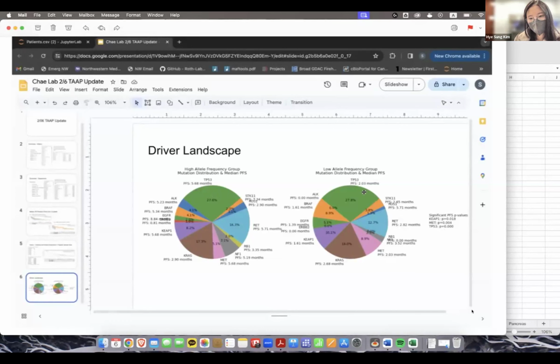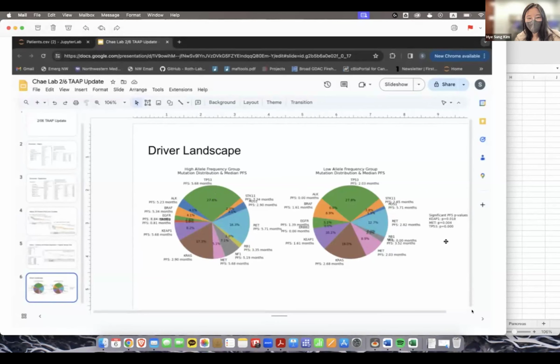While in the low heterogeneity group, again, this is amongst high TMB patients, I just want to emphasize that, those with TP53 mutations have a shorter progression-free survival. So 5.5 months versus 2. And mutations are present at pretty much the same frequency between the groups, which I think is an interesting finding. I can't explain it, but it is interesting.